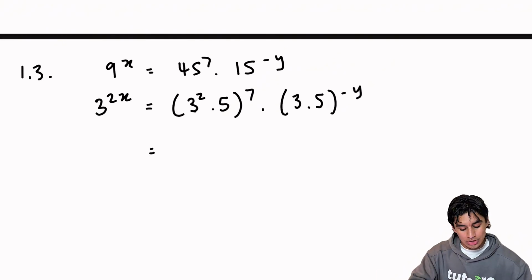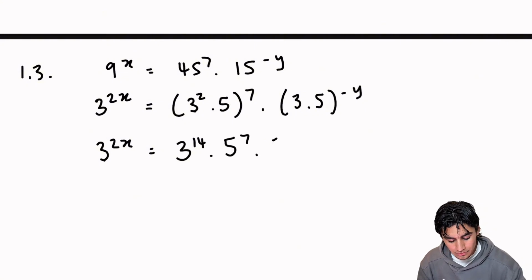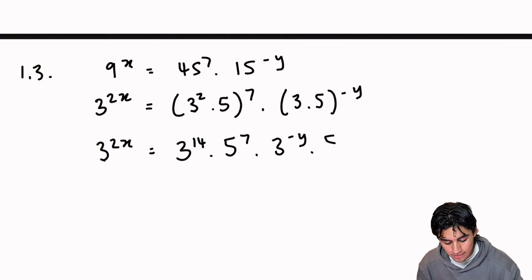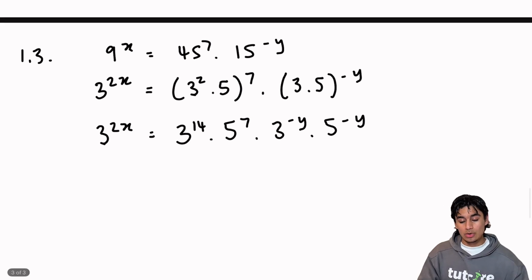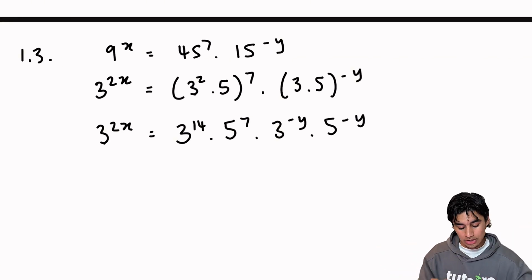Then I just distribute everything out. I'm going to get 3^(2x) equals 3^14 times 5^7 times 3^(-y) times 5^(-y). Then what I'm going to do is put all my variables on one side just to see how things are going to work out.